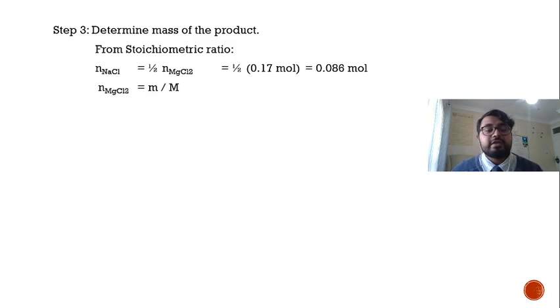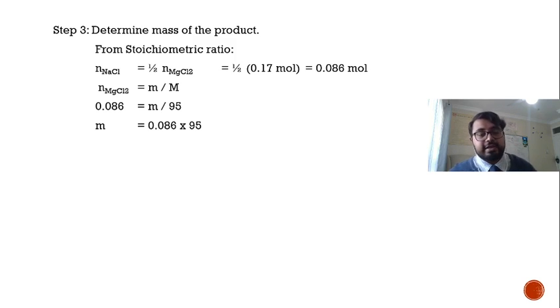Now we have the number of moles and we have the molar mass of the compound, which we calculated by now. That would give us 0.086 mole equals the mass that we're trying to calculate divided by 95, which is the molar mass of magnesium chloride. The mass is 0.086 multiplied by 95.